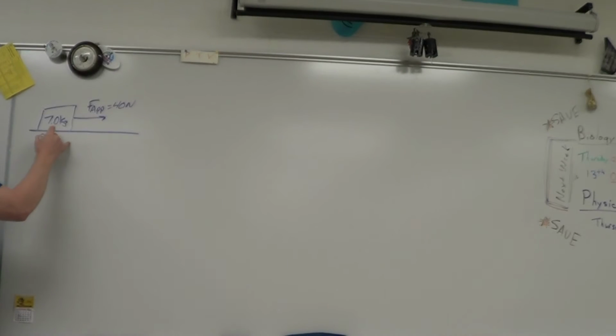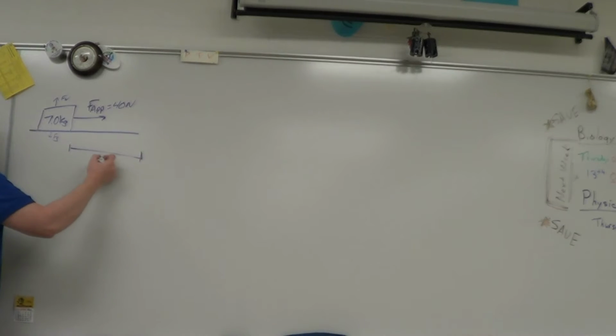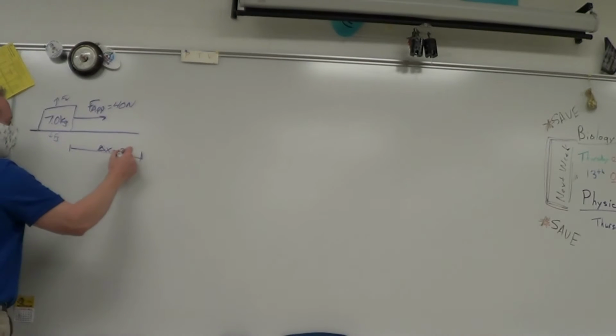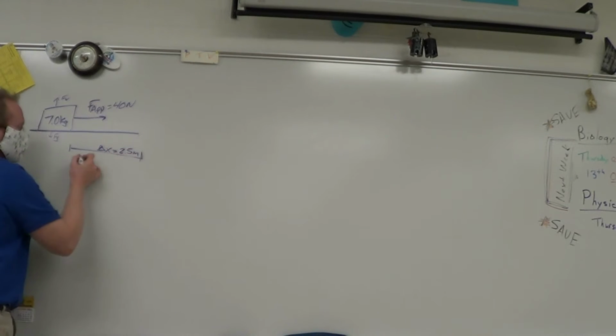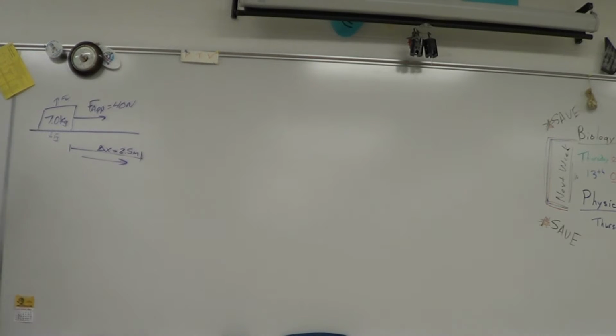Technically there is a gravitational force and a normal force, but we don't really need those right now. If we need to, we can come back to them. It accelerates for a distance of 2.5 meters, so the fact that it's accelerating means it's moving in the same direction.